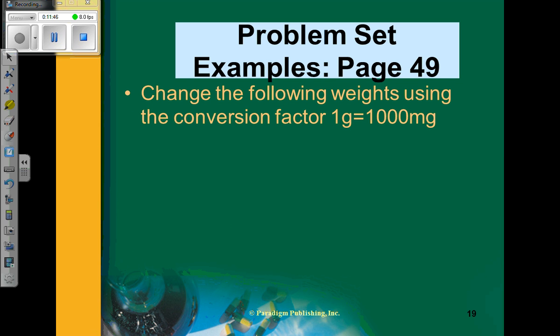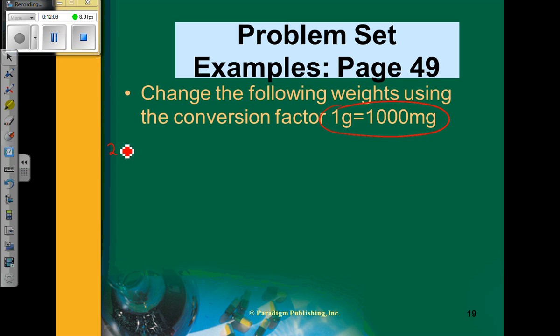Next, we're going to change the following weights using the conversion factor. So there's two ways you can do a conversion. I'm going to use the ratio proportion since that's what we're learning in this chapter. Later on, I may show you the other one. But just remember, 1 gram always equals 1,000 milligrams.